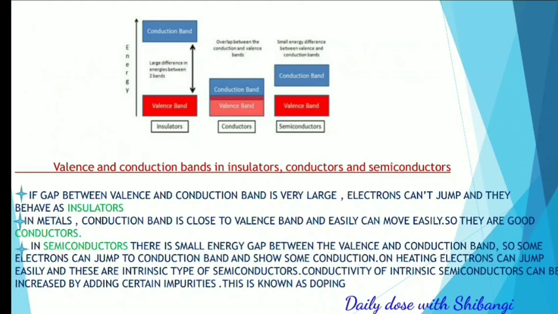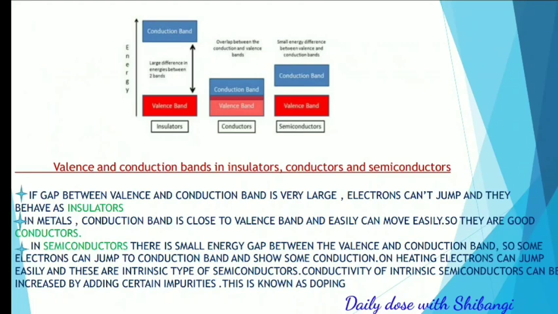In case of the conductors, you can see that the conduction band is very close to the valence band and hence the electrons can easily move. So in case of metals, this case is seen and hence they are good conductors.